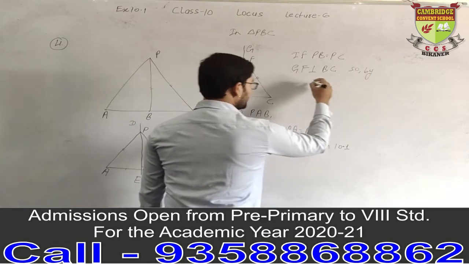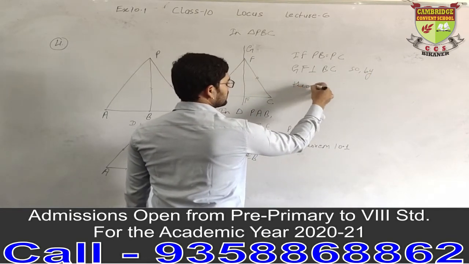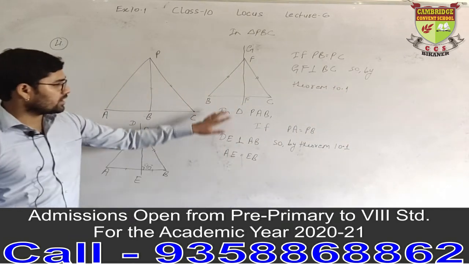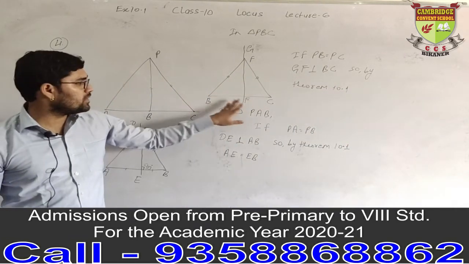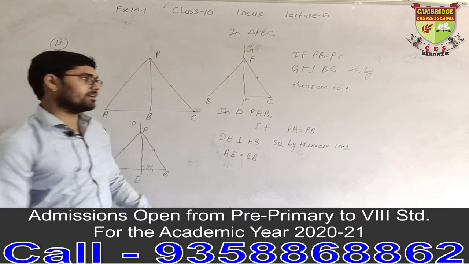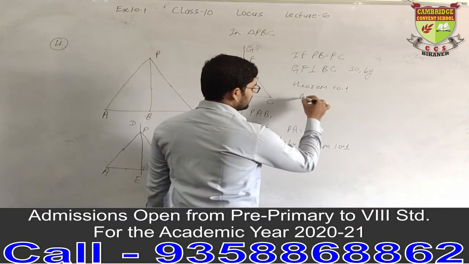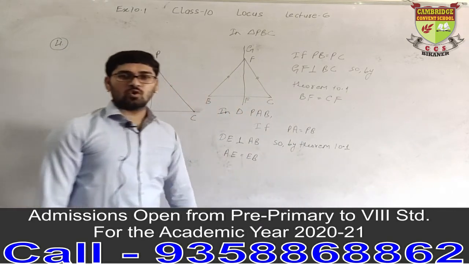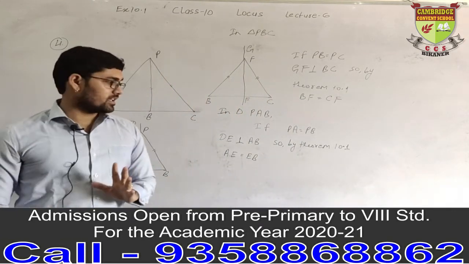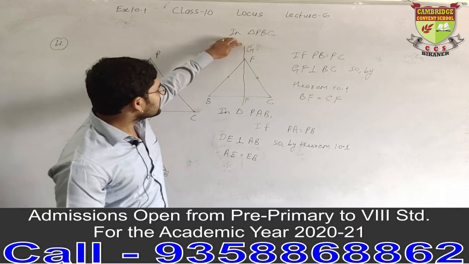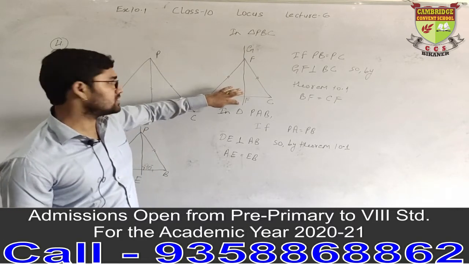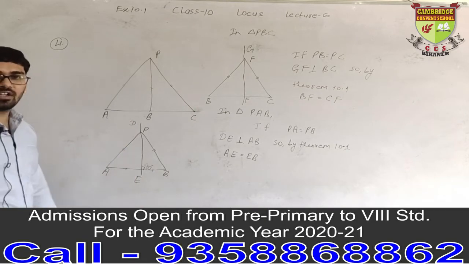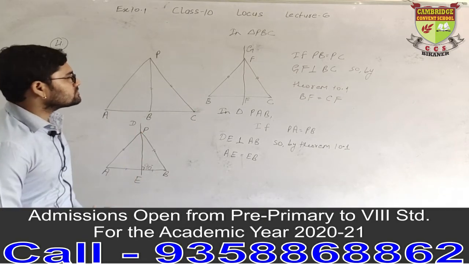So by theorem 10.1, it will be bisected. BF will be equal to CF. BF equals CF, right? So the main concentration is here, the perpendicular GF. Okay, GF, and what about this? DE. Okay.